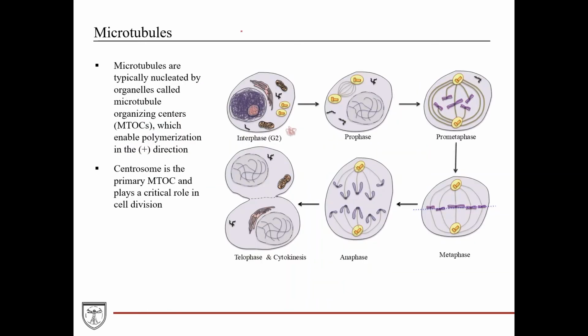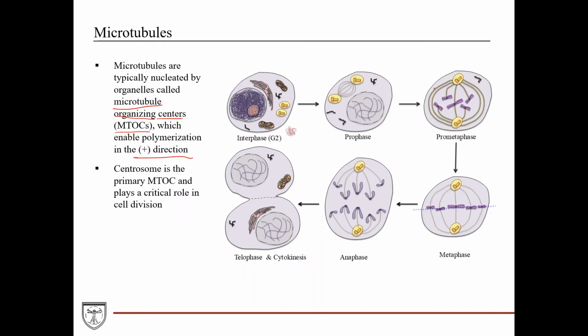So something I want to point out real quickly here is that microtubules are typically nucleated by organelles called Microtubule Organizing Centers, or MTOCs, and they actually enable that polymerization in the positive direction that we were talking about. This actually comes into play during mitosis and meiosis. And so again, here's the phases of mitosis shown here in this figure.